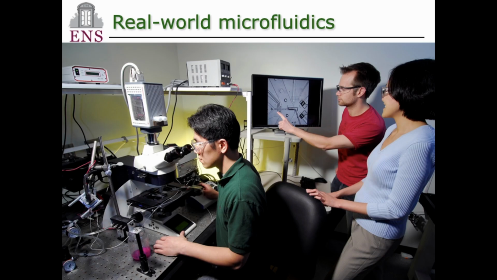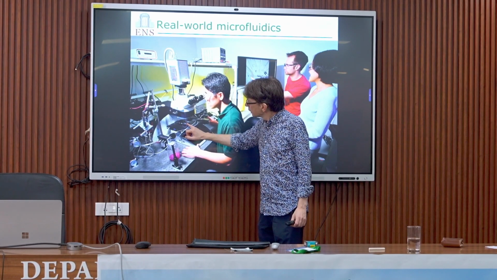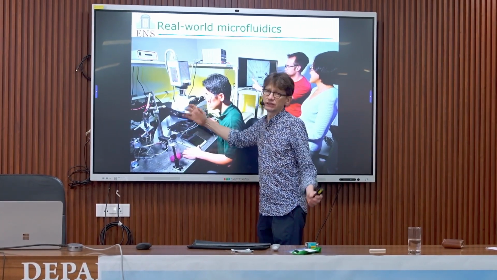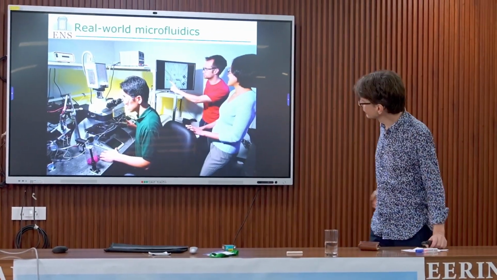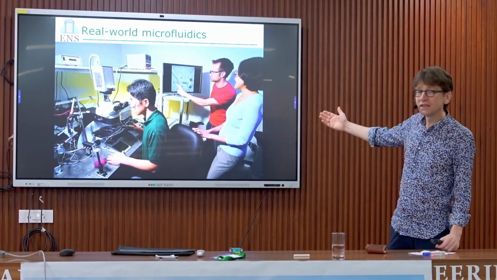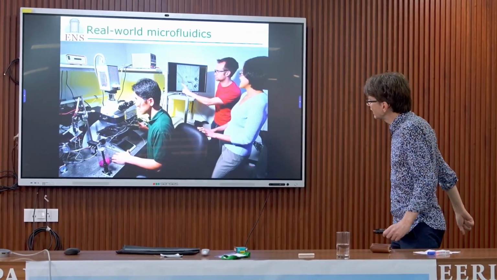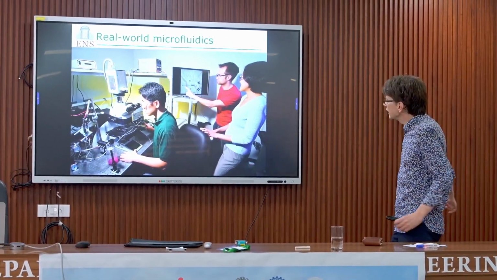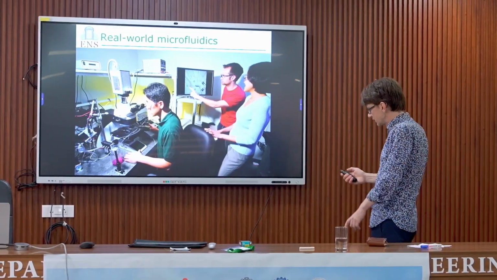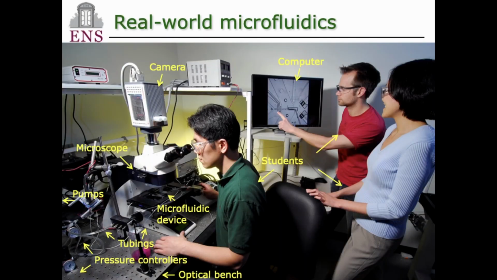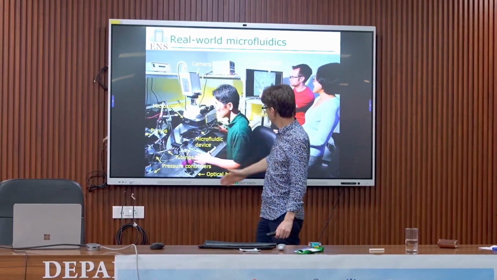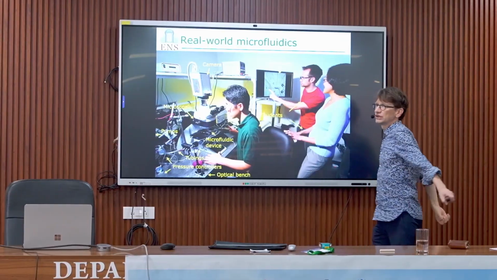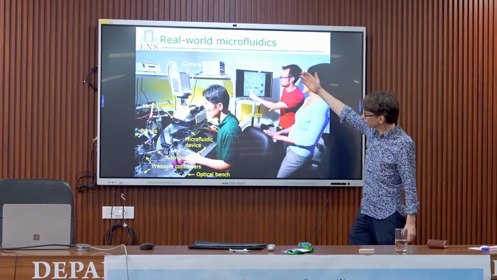So this is your microfluidic device. You see it's quite small. The first thing I see, I took this picture many years ago on the internet, is that the device is quite small, but you see that the experiment is not so small. You have the microfluidic device, and you have here tubings, pressure control, camera, bench, students, computer, screen, chair.